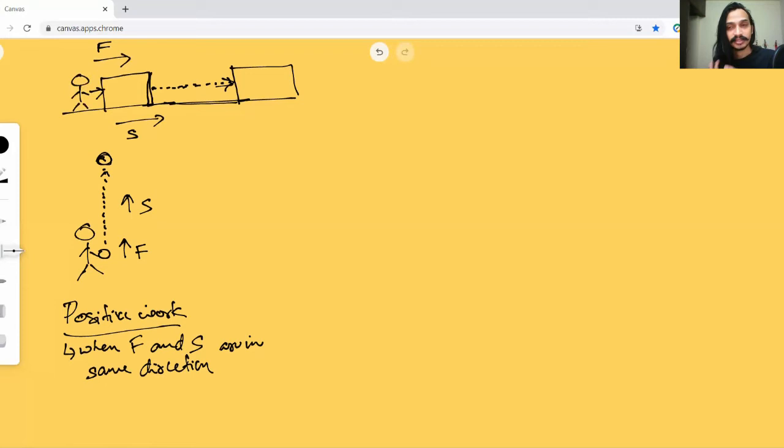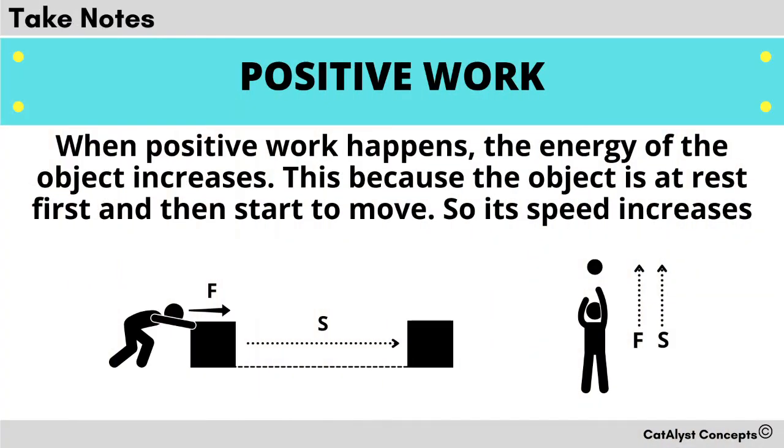So whenever positive work happens, the energy of the object increases. Whichever object the force is acting on, that object's energy is going to increase, be it throwing or pushing.